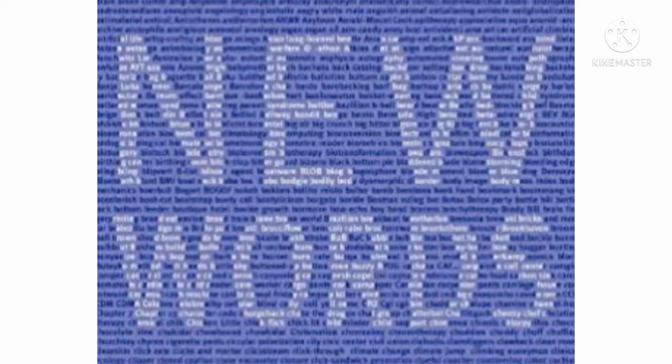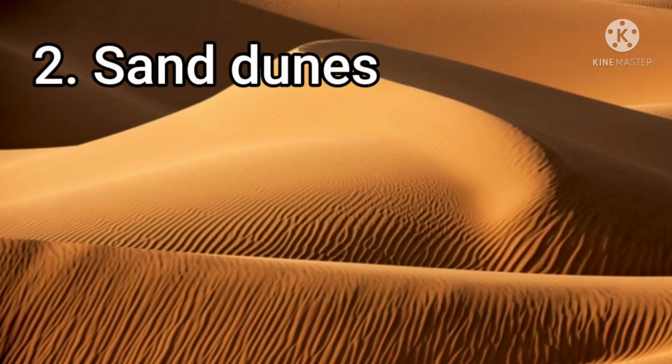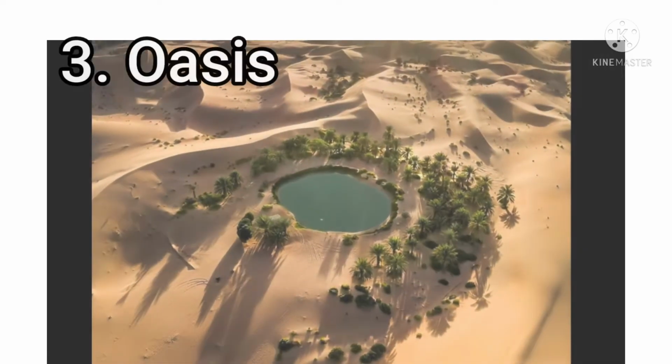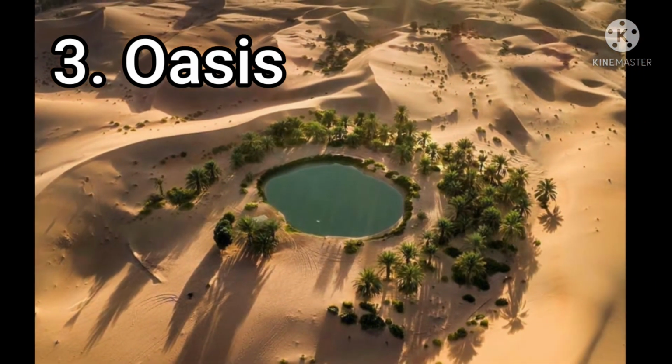The first one, desert: a flat area with sandy soil and very little rain and vegetation. Second word, sand dunes: small hills of sand in a desert. Third word, oasis: an area in a desert with water and greenery.